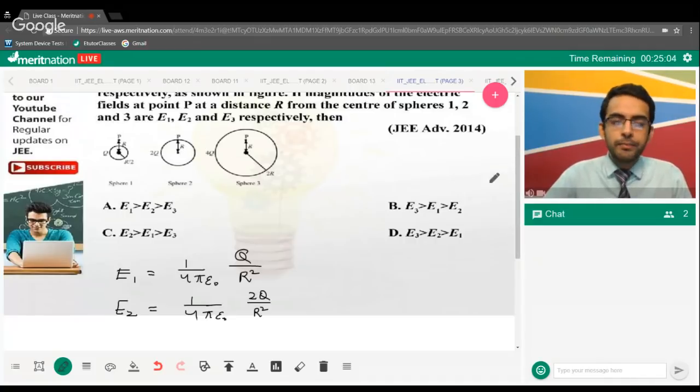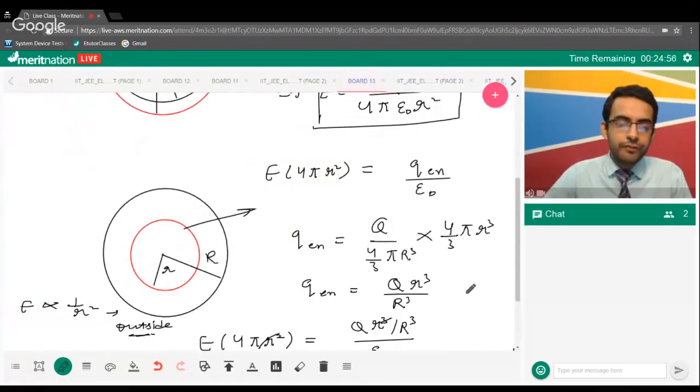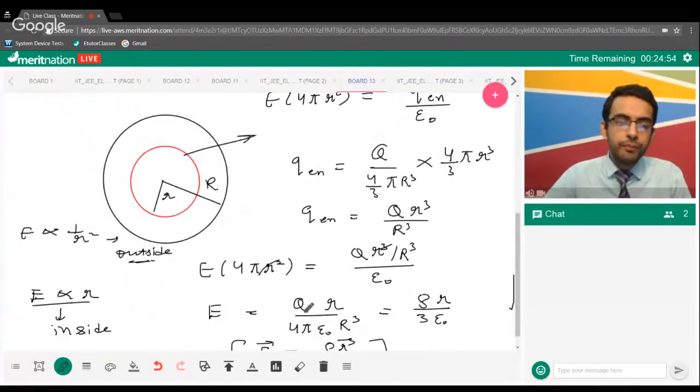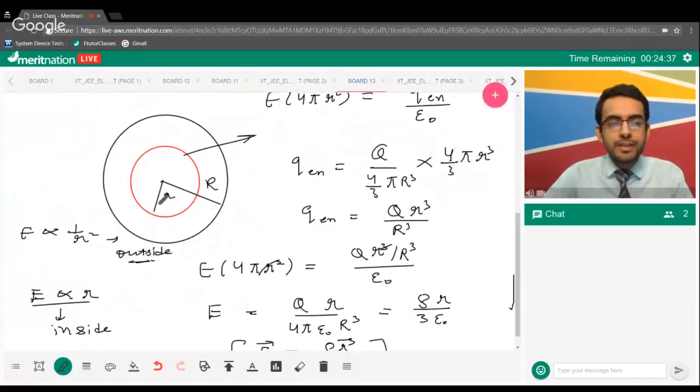Now for sphere 3, point P is lying inside it. So which formula to be used? You can use this formula, directly you get the answer. E3 is equal to 4Q, the charge, multiplied by small r, the distance from the center.